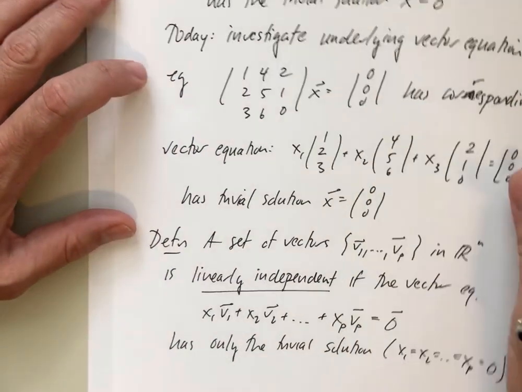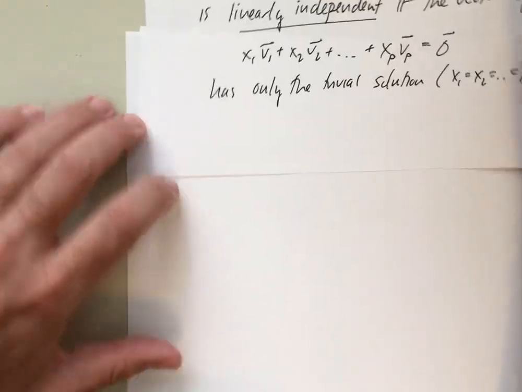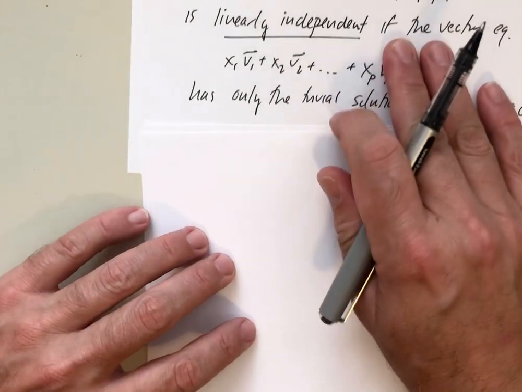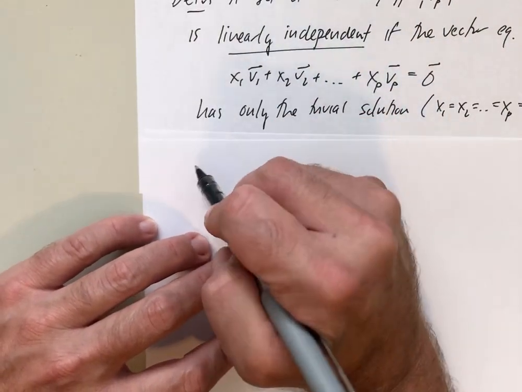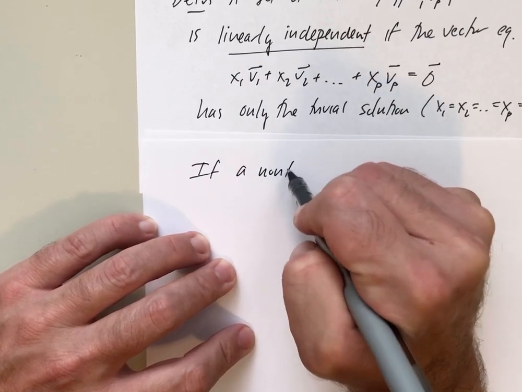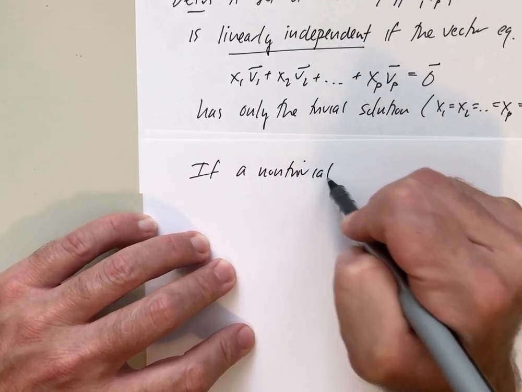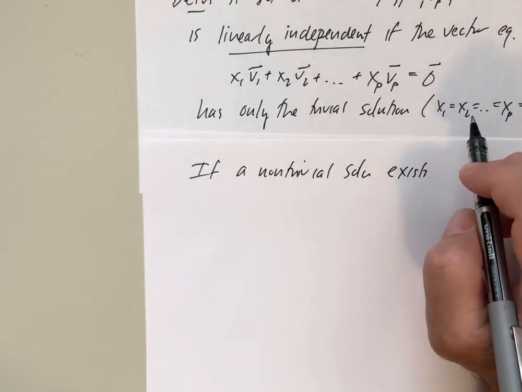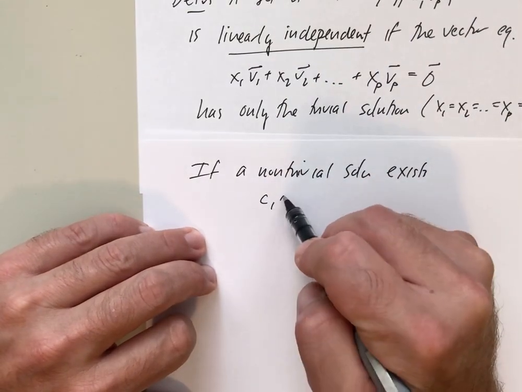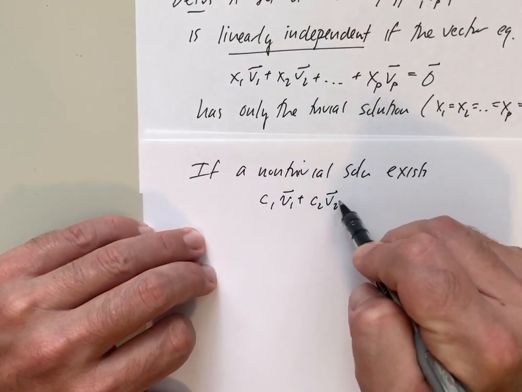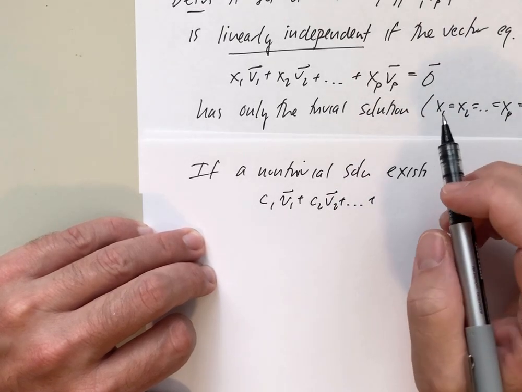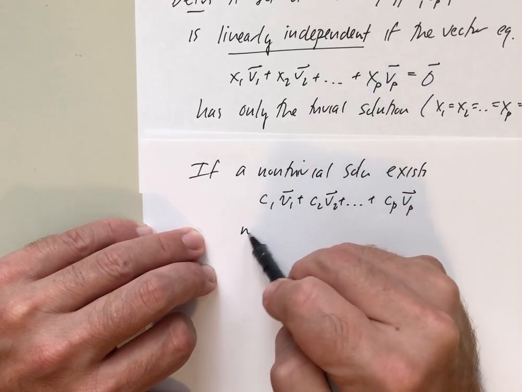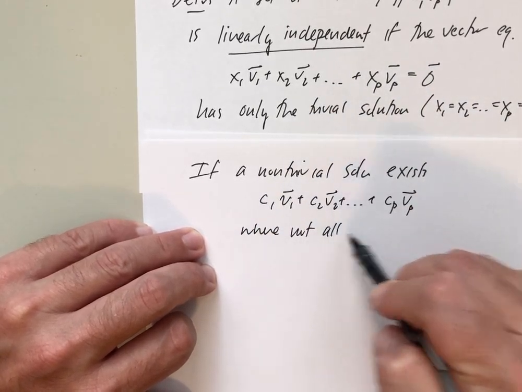And if you're not linearly independent, that has a name as well. You might have guessed this. So if a non-trivial solution exists to that vector equation, what does that look like? This is going to be c1 v1 plus c2 v2 plus, let's see, cp vp, equals 0, where not all of the ci's equal 0.